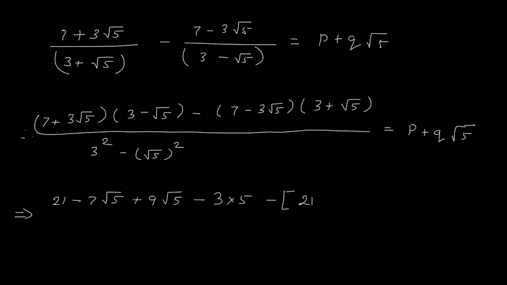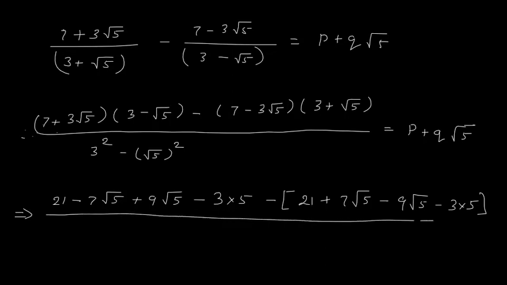If it is plus sign, no need to use bracket. 7 into plus root 5 is plus 7 root 5, then minus 3 into 3, 3 is the 9, 9 root 5, and then minus, it is 3 into 5, and this whole divide by square of 3 is 9 minus square of this root 5 is 5.